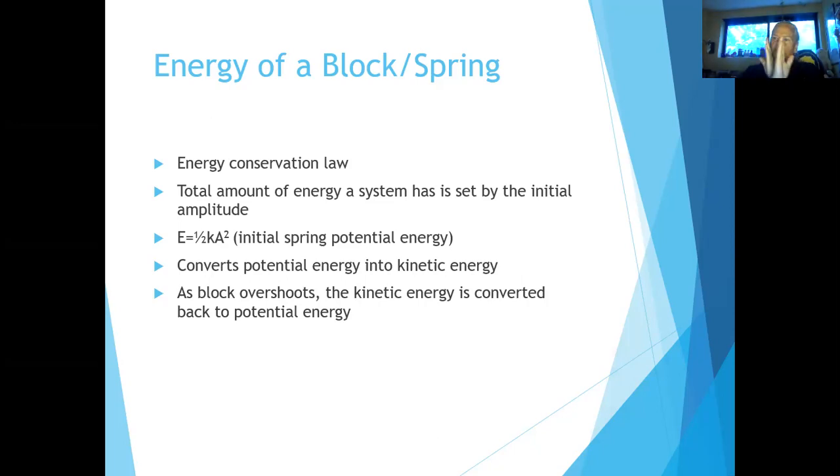So as it moves past the equilibrium position, now I'm converting all that kinetic energy I had at equilibrium back into spring potential energy till eventually it's not moving at all. So that's why it's symmetric on either side of equilibrium, because I have to convert all that energy back into spring potential energy.